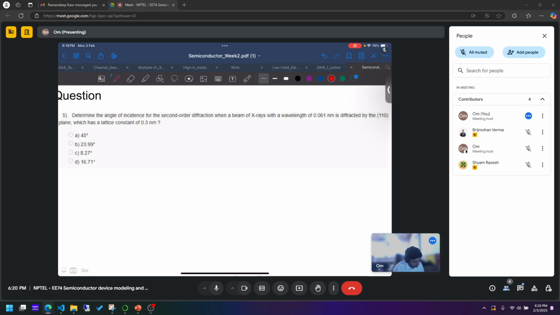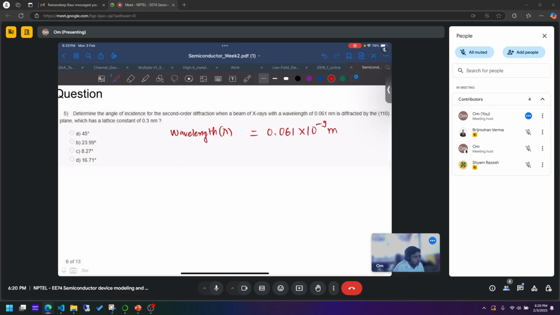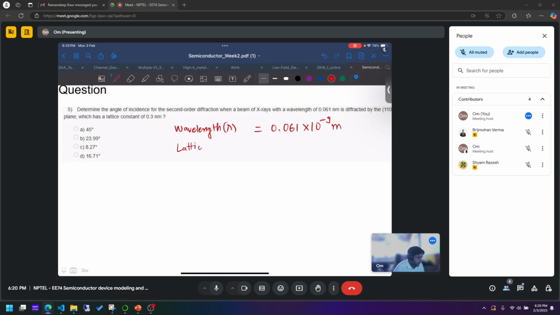Okay, we have here wavelength lambda given as 0.061 nanometers, which is in 10 to the power minus 9 meters. And the lattice constant a is 0.3 nanometer. The plane of our concern is 110, and the order of diffraction n is 2.